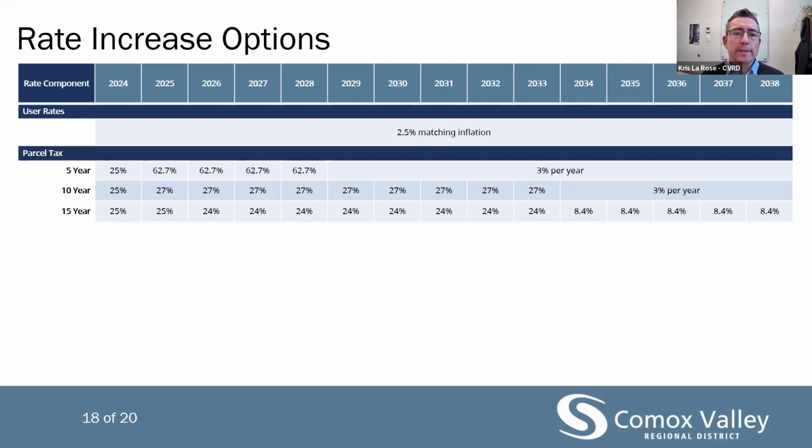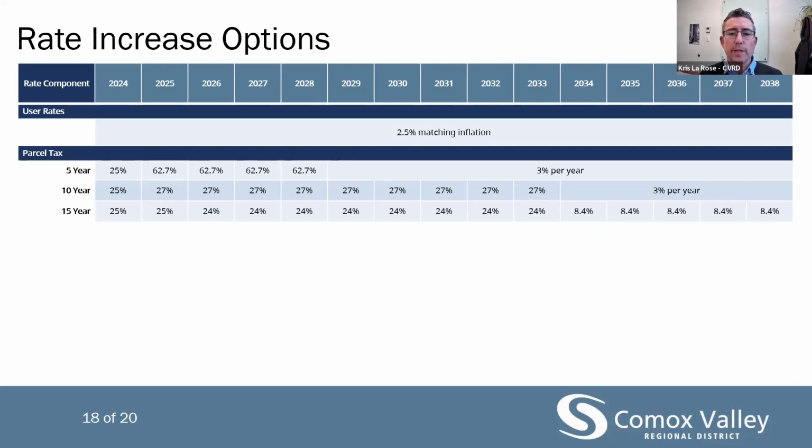For parcel taxes, this will be new to Black Creek Oyster Bay ratepayers who have historically paid a frontage fee instead. As part of these changes, the CVRD will replace the frontage fee with a parcel tax, which better ensures that all participants in the service are paying an equal share of all the assets.